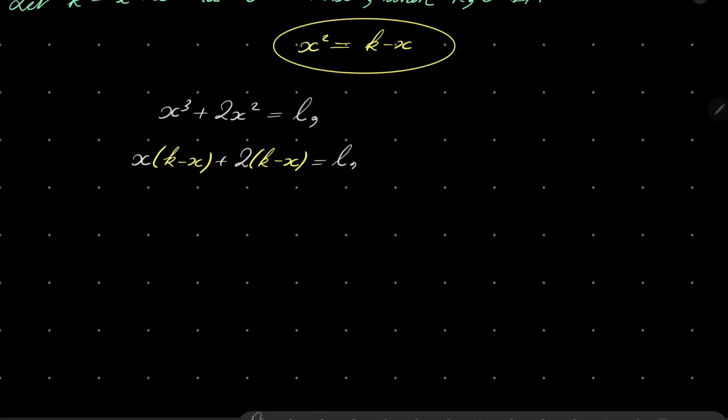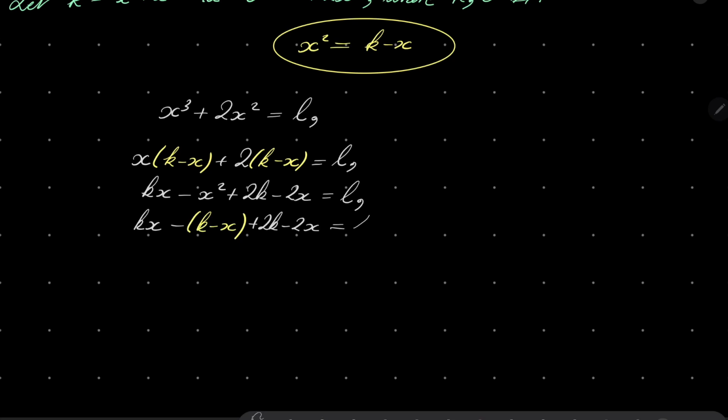We have kx minus x squared plus 2k minus 2x equals L. And once again, we can leave kx as it is, and instead of x squared, I will write k minus x, plus 2k minus 2x equals L.